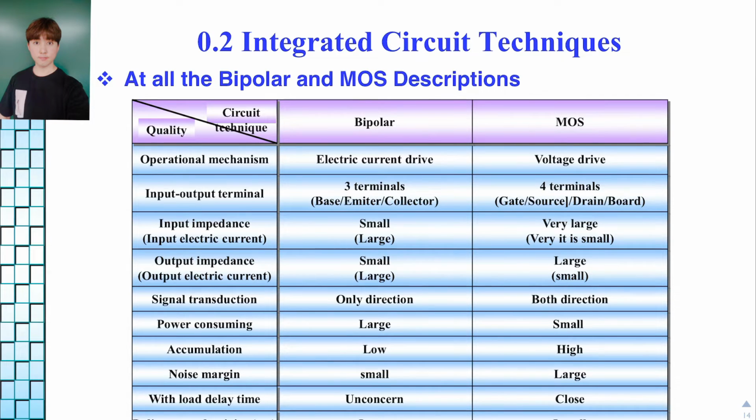Here is the description of bipolar and MOS. The important content is impedance. Bipolar has small input-output impedance and MOS has large input-output impedance.